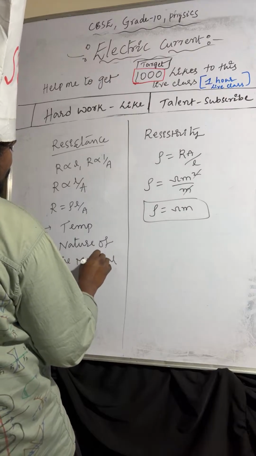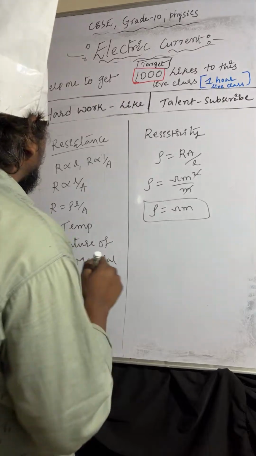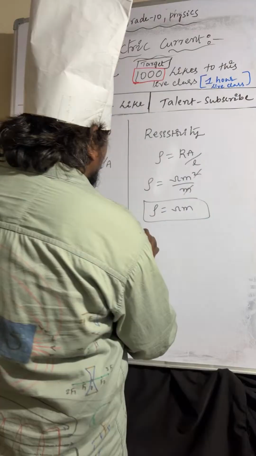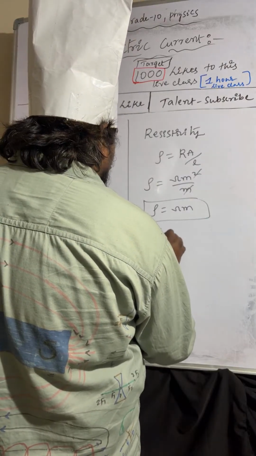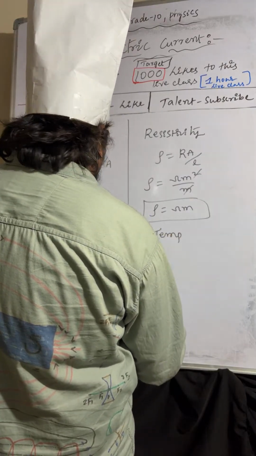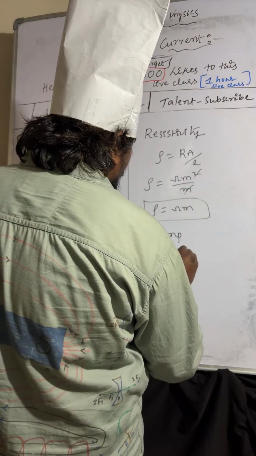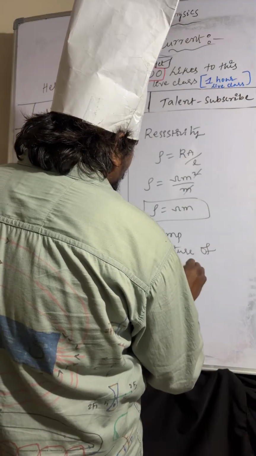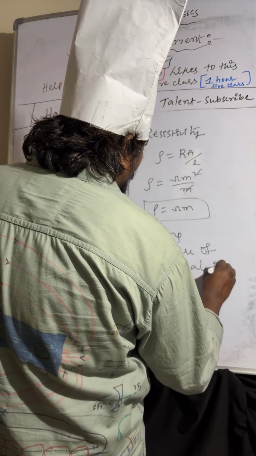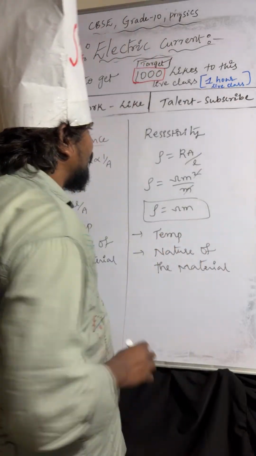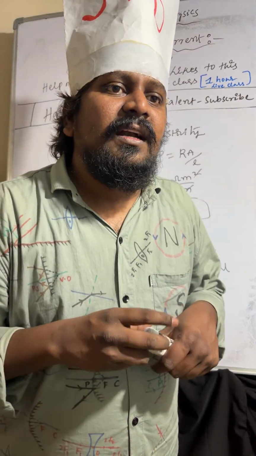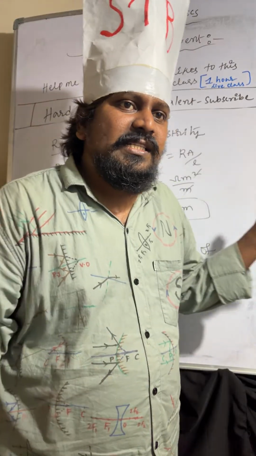Resistivity also depends on temperature, and resistivity also depends on the nature of the material. I hope it is very clear. So these are the differences between resistance and resistivity.